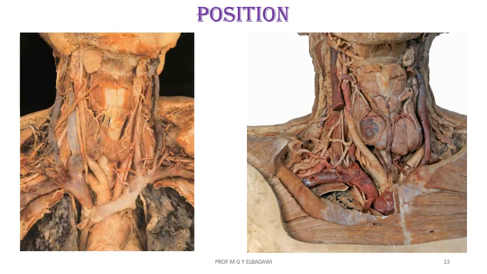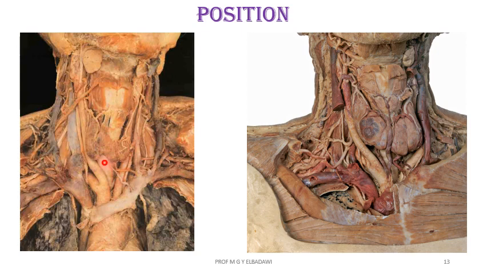Here, two cadaveric pictures for the thyroid on the right side and on the left side. Here you can see the isthmus and the two lateral loops, in front of the trachea and on the sides of the thyroid cartilage.